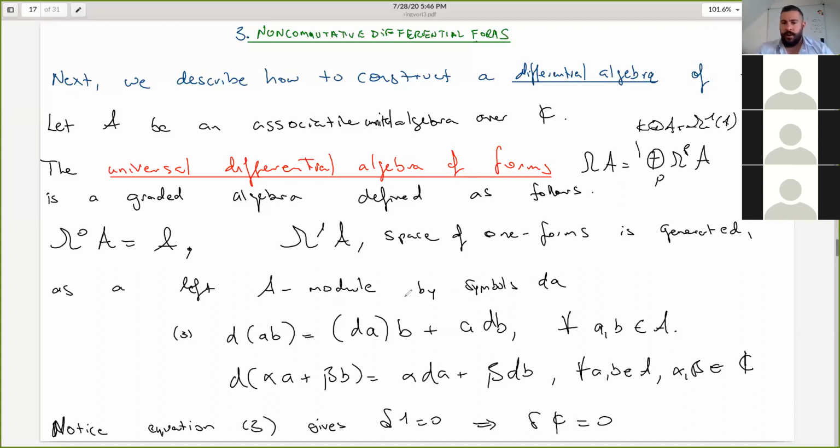And what is really important is this operator D over here. Sometimes this operator is also called the Karoubi operator. And basically this operator does two things. It acts according to the Leibniz rule. If you have a, b elements of A, then d of AB is equal to dA times B plus A dB.